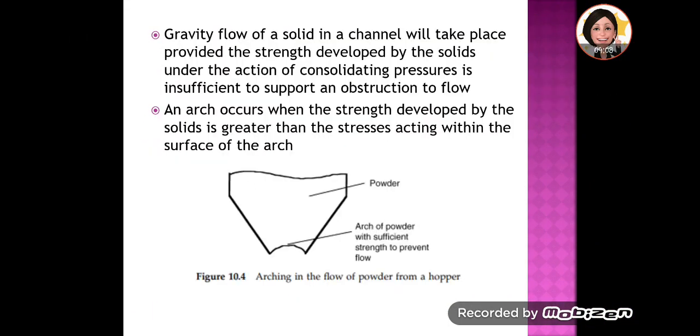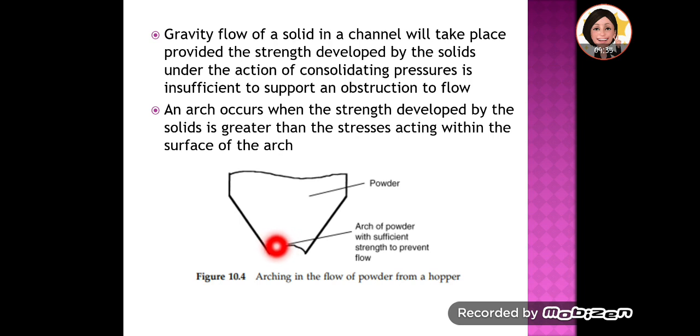So what does this strength of the powder do to affect flow from a hopper? It actually produces arching in the flow. As the powder builds up and settles, it starts to compact against one another.